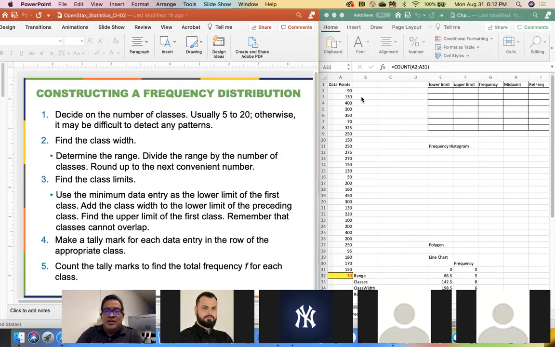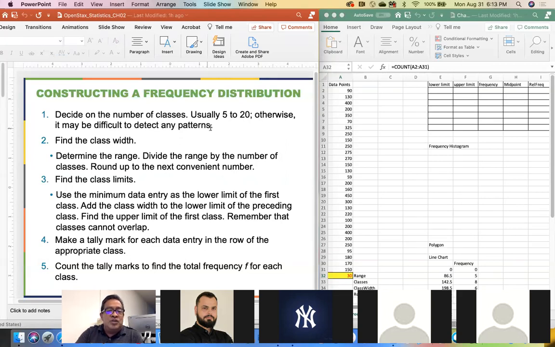In this case that we're going to analyze as a researcher, I determined that 7 classes is what I want to see. So the determination of the number of classes depends on the preference of the researcher.